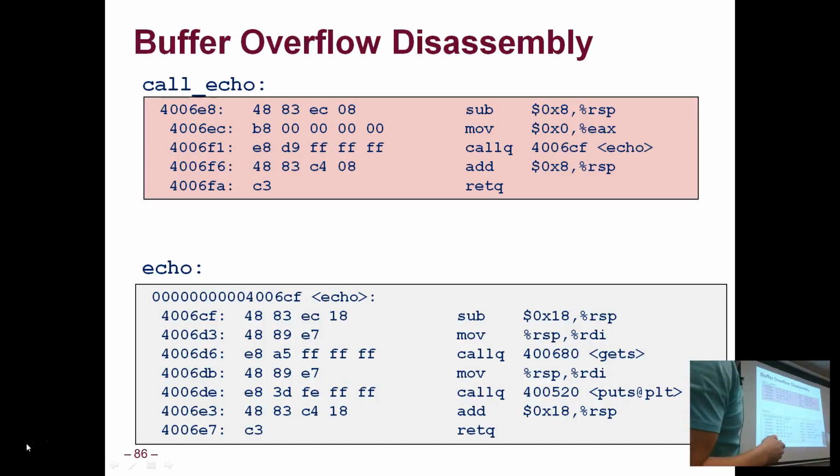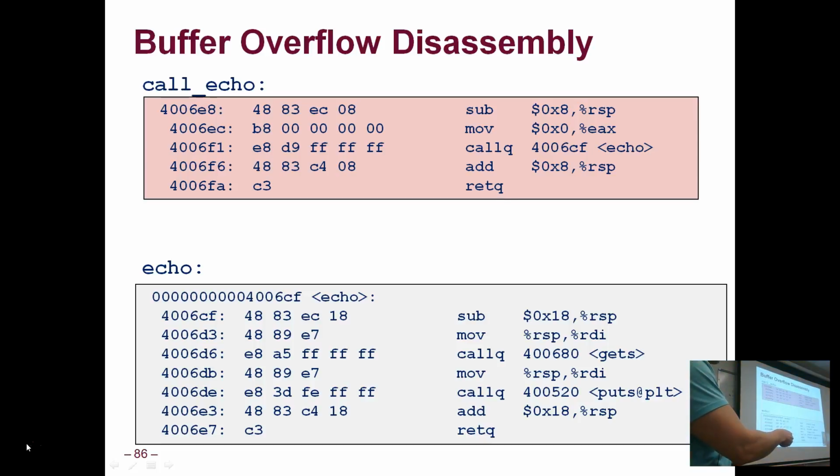So here is a picture of it. When you compile echo and call echo, so here's call echo, and this is as you would think. It would move, just call quad echo, and then within echo, you allocate space for local variables, and then you move the stack pointer into RDI, and because the stack pointer is now pointing to your local variables, this is pointing to buff.